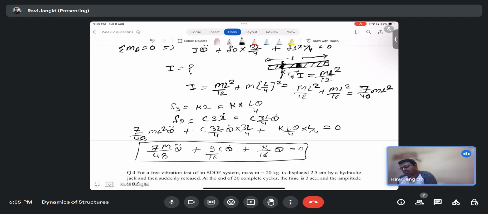My omega would be the square root of k by m. If I put in k by 16 and m as 7m by 48, and cancel 3, I will get root of 3k by 7m as the natural frequency of the system.